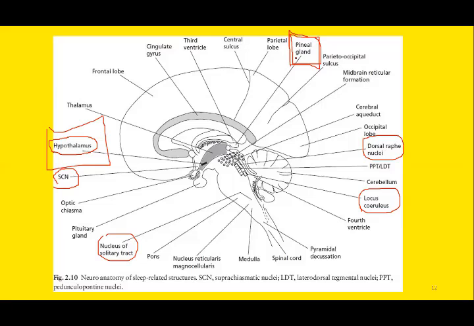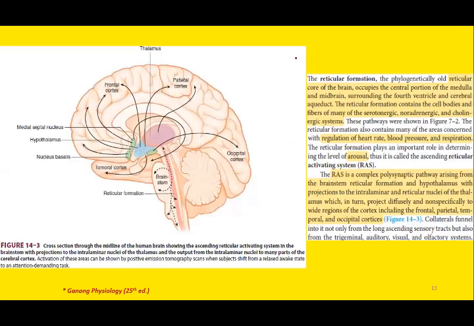Again, you can see the important structures which are related to the sleep wakefulness cycle, and the collective terminology that we use for all these structures, for all these nuclei, is reticular activating system or simply reticular formation. Remember, reticular formation or reticular activating system is the collective term for all the structures related to sleep.